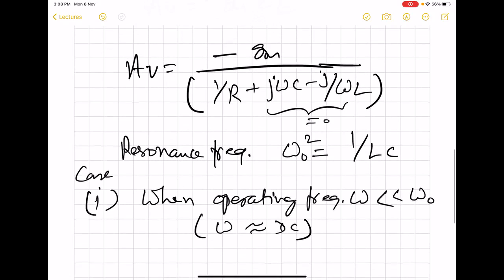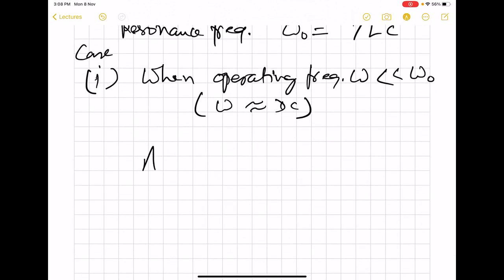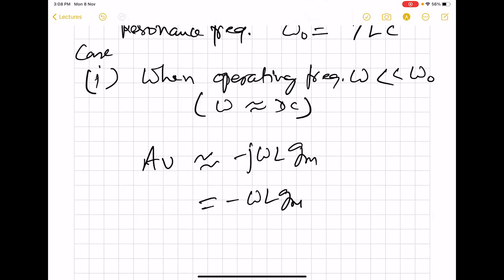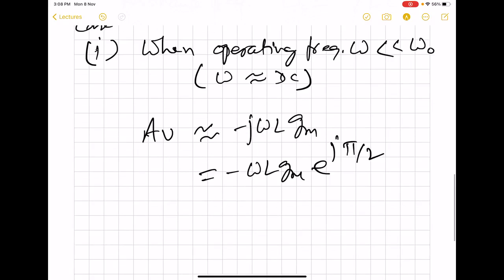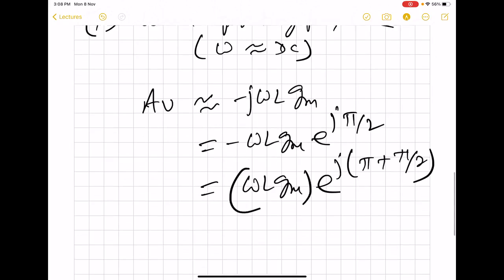So in this case, what we see is that out of these three terms that we see here, this inductive term will dominate. This one will be the largest. So for this case, Av can be approximated as minus j omega L into gm. And this can be written as minus omega L gm e raised to the power j pi by 2, or omega L gm e raised to the power j (pi plus pi by 2).